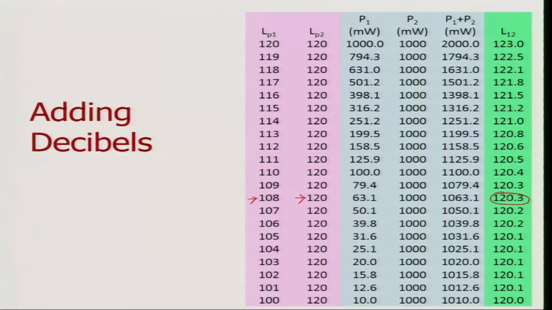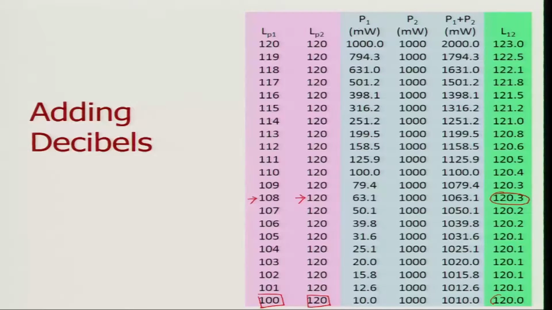Okay. One observation you will see here is, for instance, look at this last row: the first source is 100 decibels, the second source is 120 decibels. So, one source is significantly weaker than the other source, then the total number of decibels present in the room does not change significantly, and it does not reflect in the first decimal place of decibel.